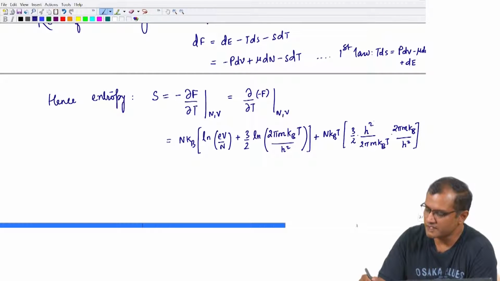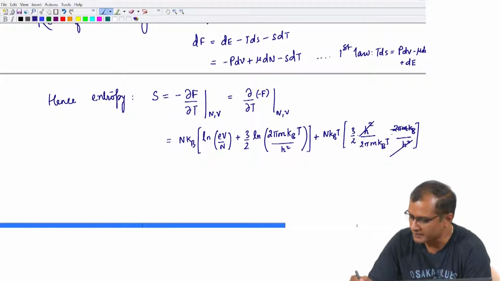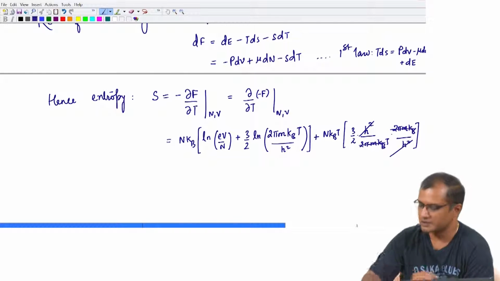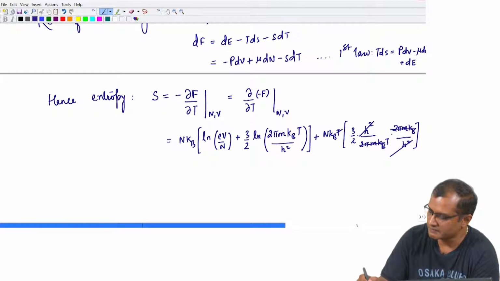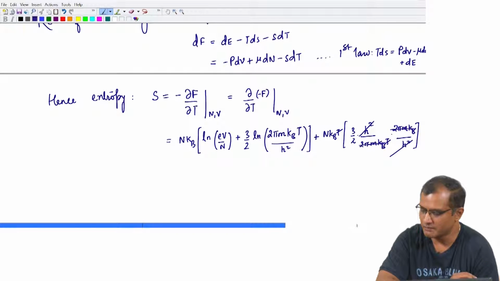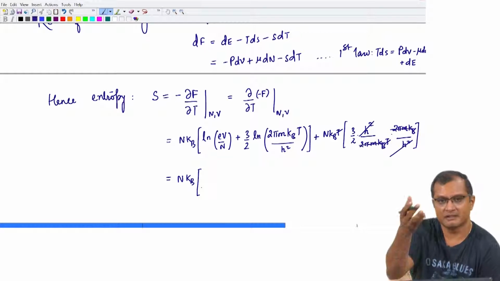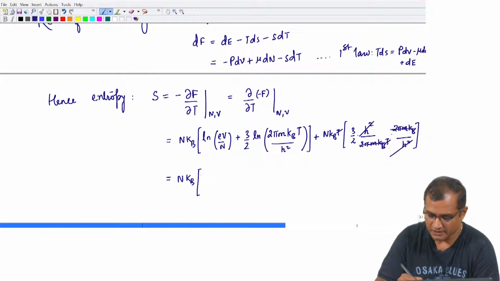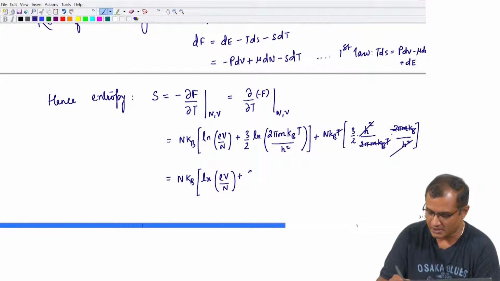So, you can knock off the h square with h square, you can knock off 2 pi m kB with 2 pi m kB here, and you can knock off this temperature T with this temperature T. So, just 3 by 2 N kB is remaining there, which is particularly eye pleasing because it can give you the internal energy of a gas at constant N V T conditions, as we shall see.